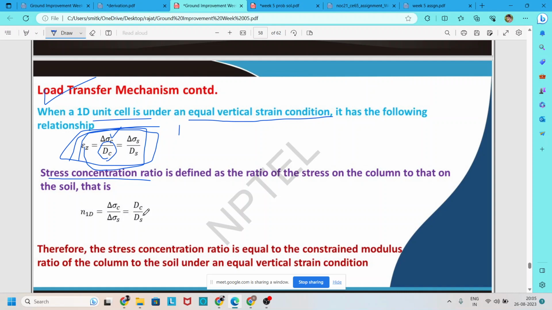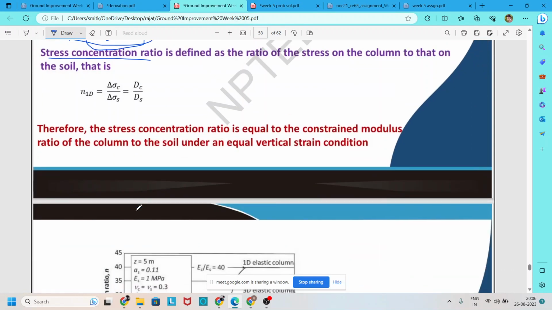This is also equal to the constrained modulus of the concrete column divided by the constrained modulus of the surrounding soil. So based on this we can find the stress concentration ratio for the 1D unit cell.